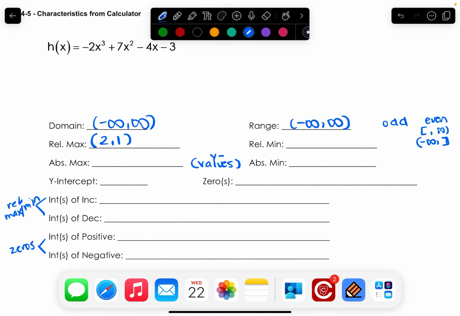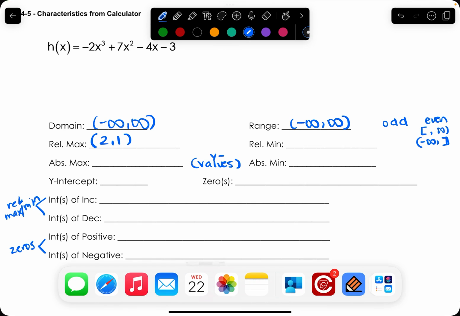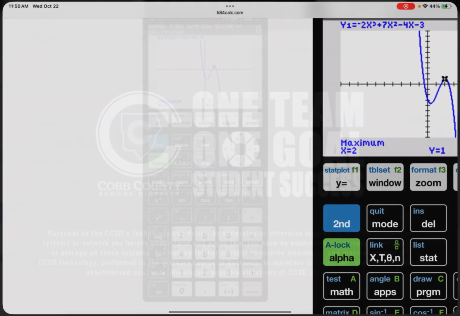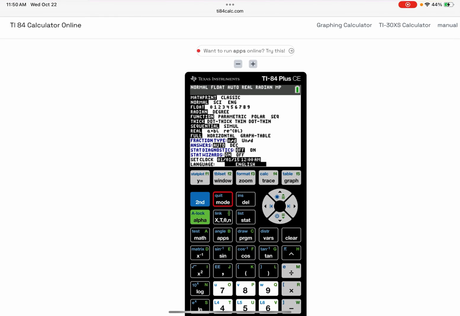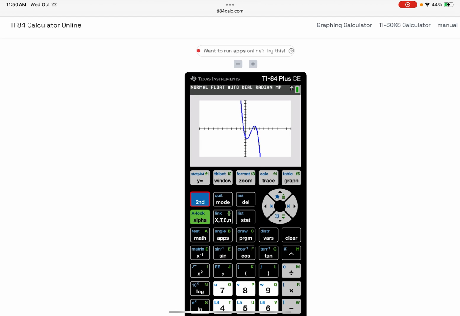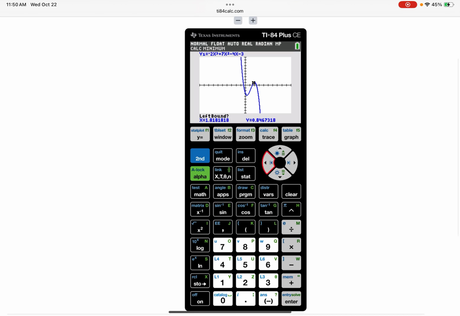My minimum value is on, oops, sorry about that. Where am I going? Here. My minimum, I need to go back to my graph and calculate the minimum. So same thing, I'm going to go down here. Here's the minimum somewhere. I'm going to go to the left side, then over to the right side and hit enter.